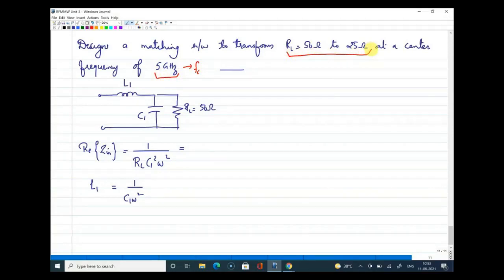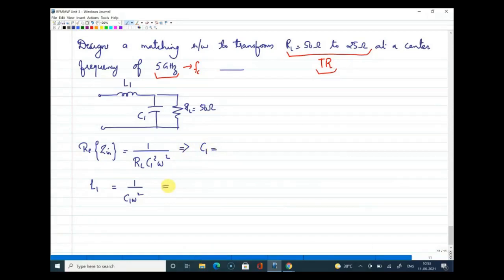That is sometimes called a transformation ratio, and the transformation ratio in this case is 2 because we have to convert from 50 to 25. All right, so we'll talk about that further. Now, what values are you getting if you assume that the Q factor is much larger than 1? This should give you the value for C1, and from here you will get the value for L1.